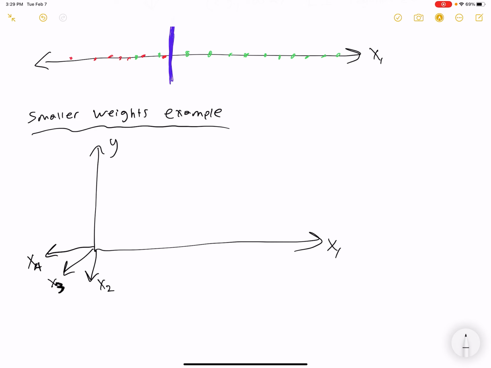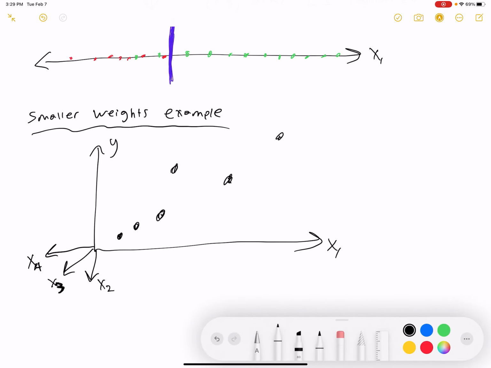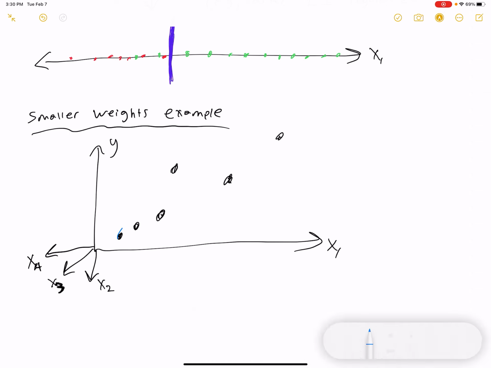And let's say, I don't know, let's say the data look like that. Whereas with no regularization, we might have learned that.